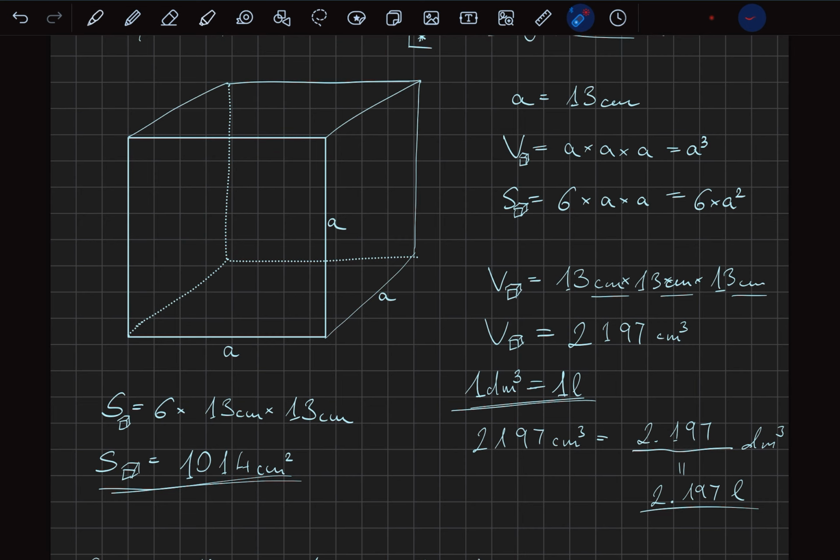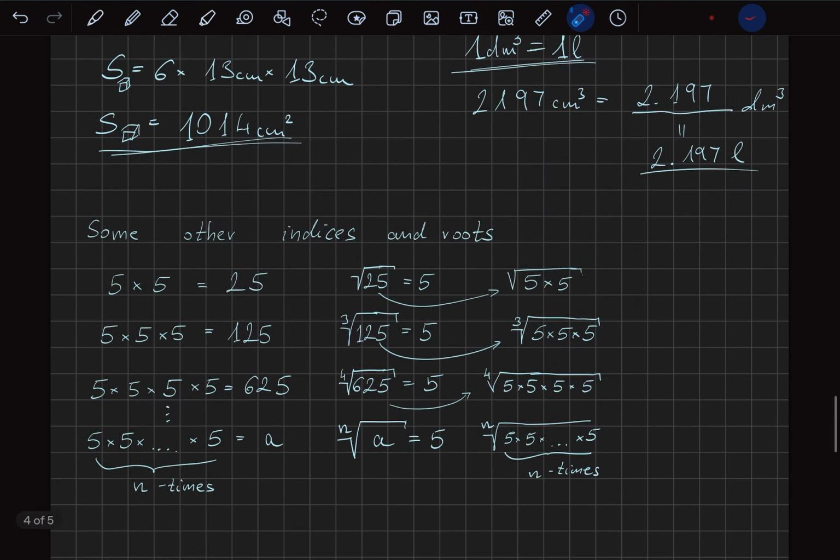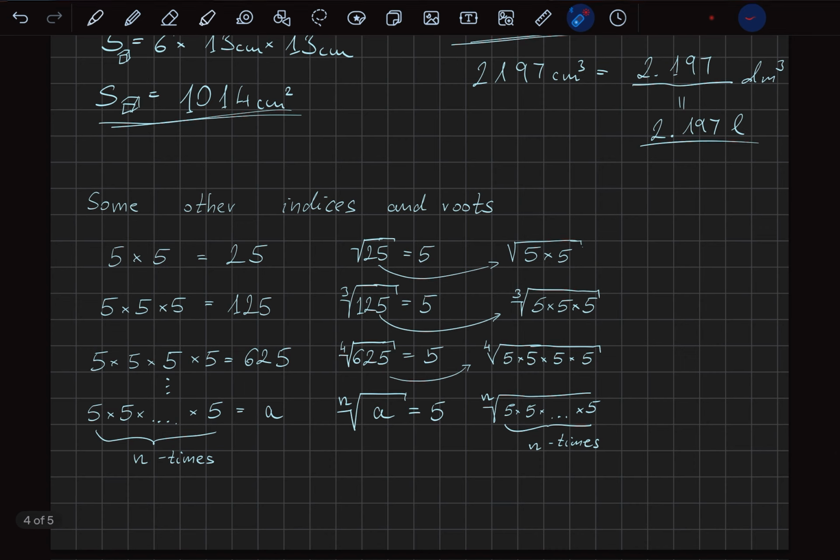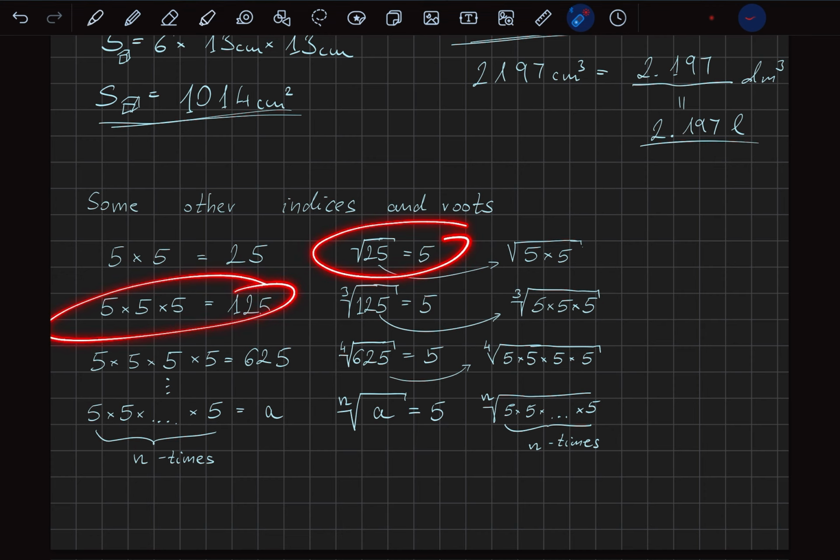Next one, the last thing, some other indices and roots. Here I just showed the connection between the square number, square root, cube, cube root, sorry.